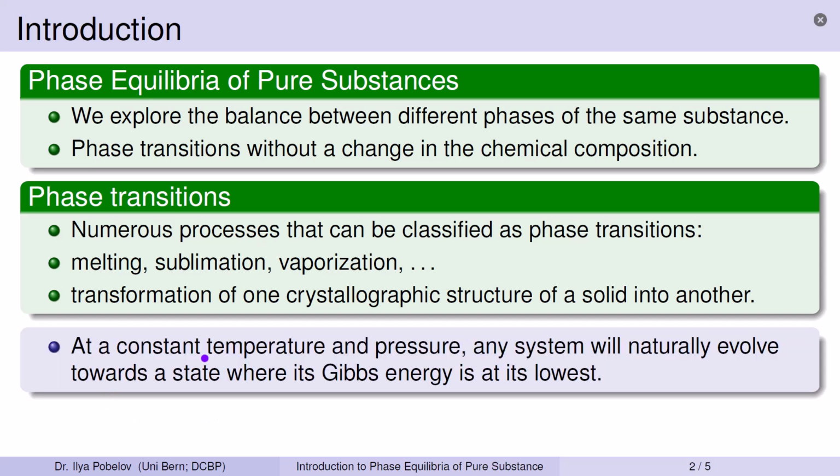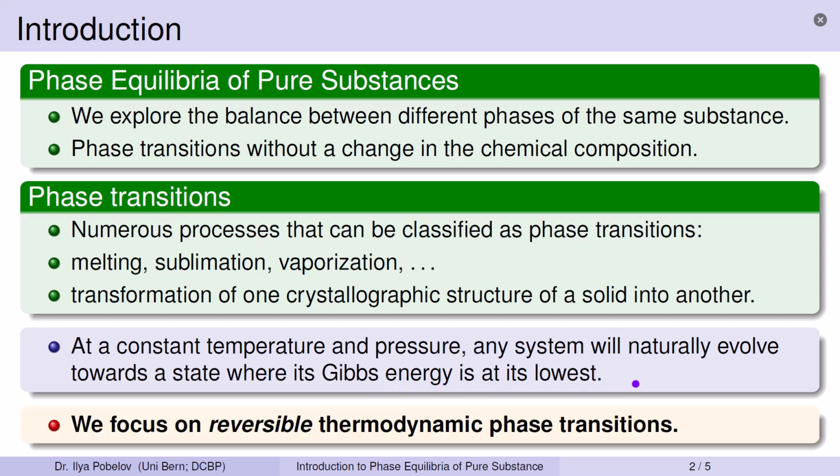At a constant temperature and pressure, any system will naturally evolve towards a state where its Gibbs energy is at its lowest. Note that our focus will be on thermodynamic phase transitions, which are reversible. In these transitions, the total Gibbs energy of the system remains constant.